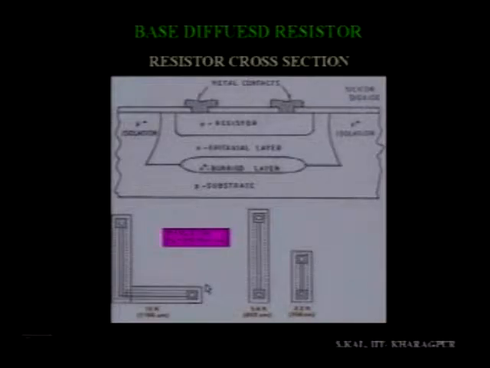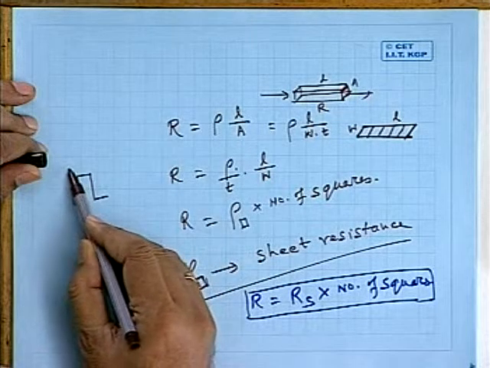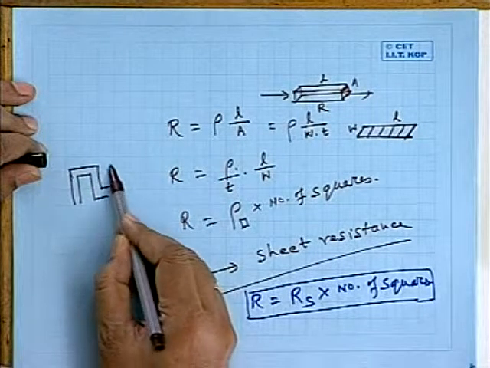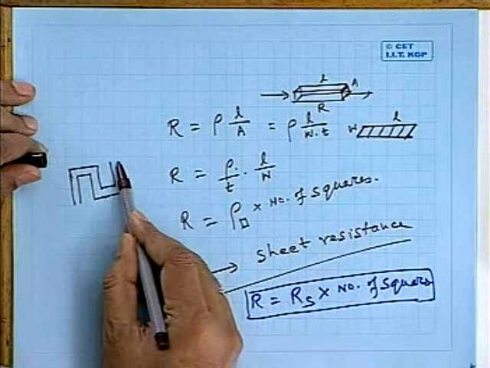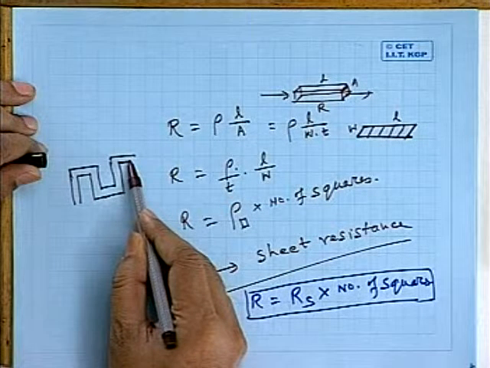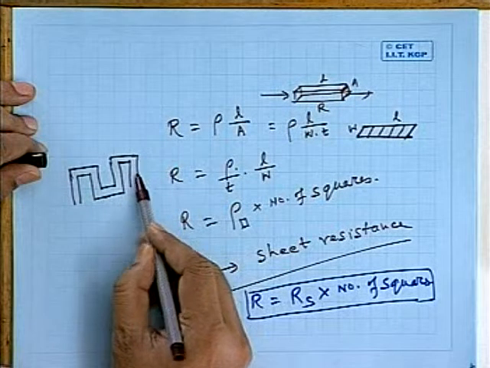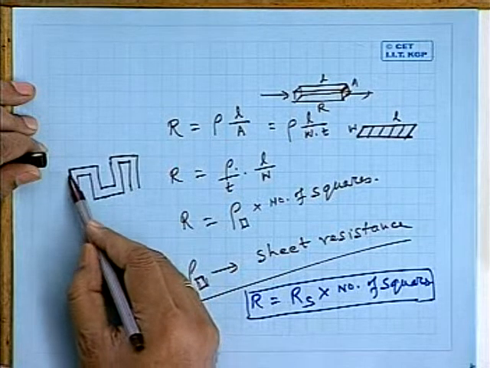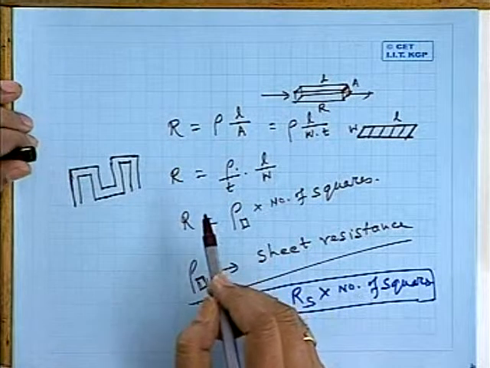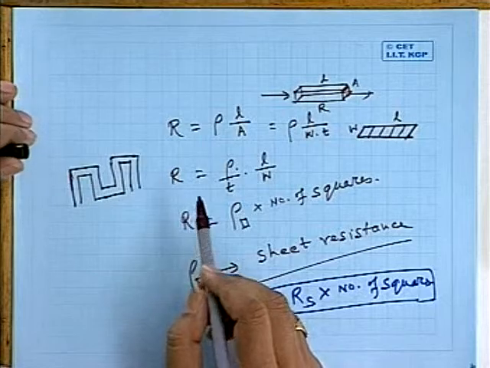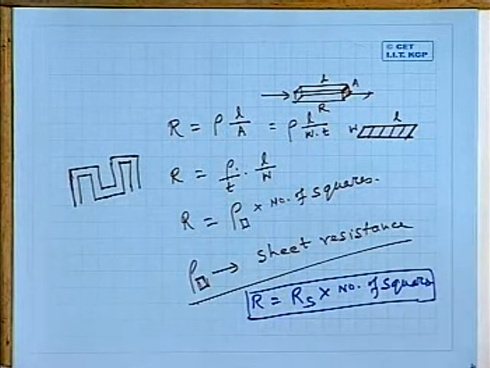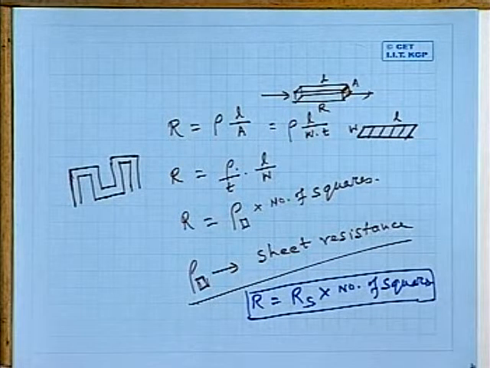It is something like this, it will come like this. So this sort of meander structure is sometimes used in order to reduce the area required for fabrication of that particular resistor.